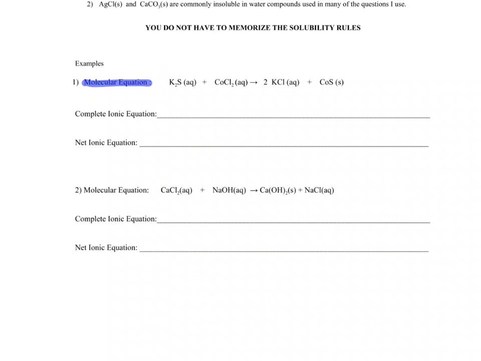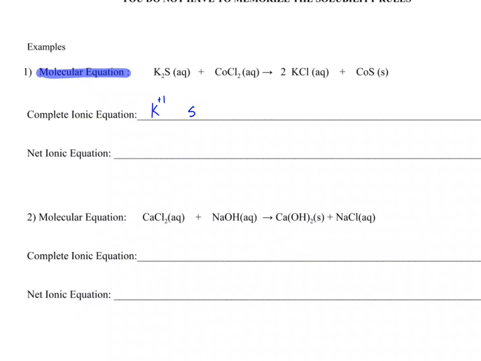So starting with potassium and sulfur. Okay, potassium is in group 1, and it's got a positive 1 charge. Sulfur is in group 16, so it's got a minus 2 charge. So we've identified the ions.